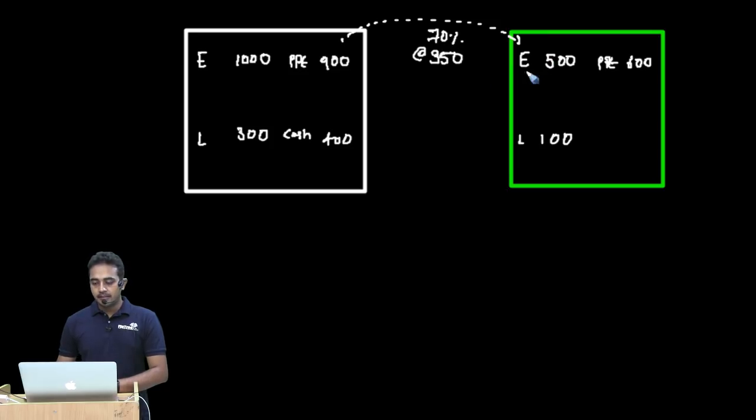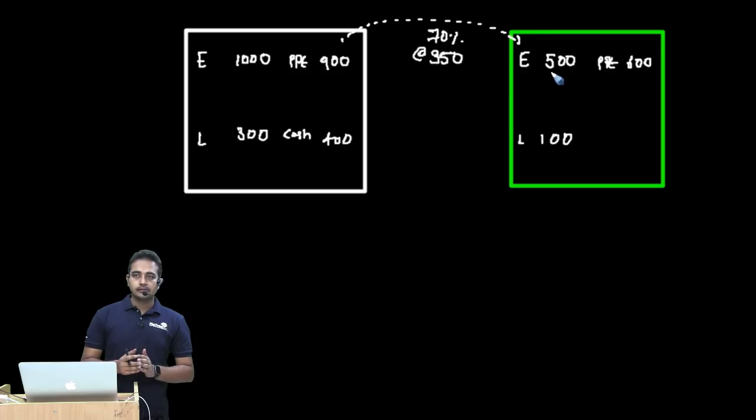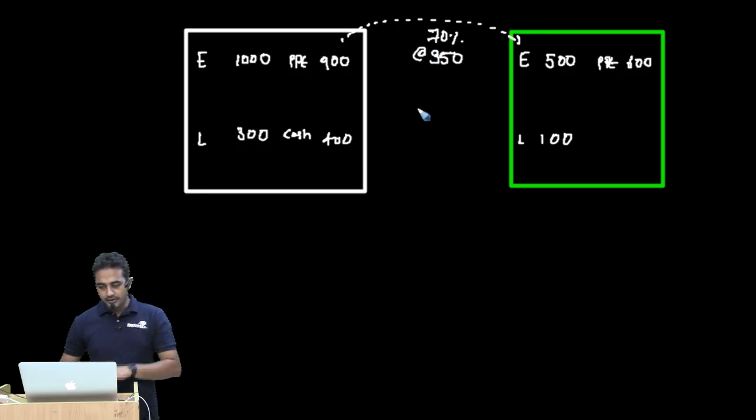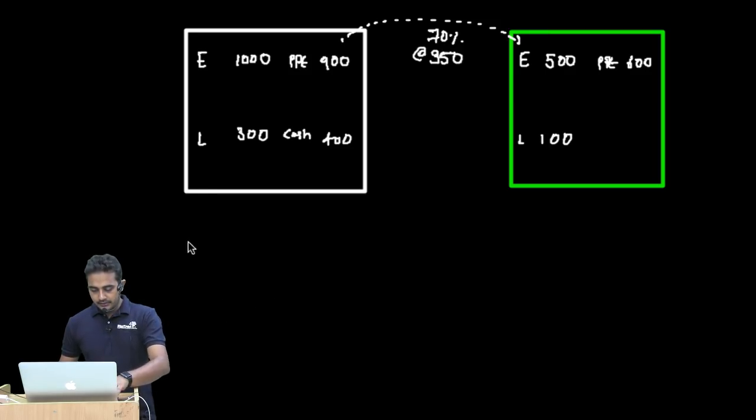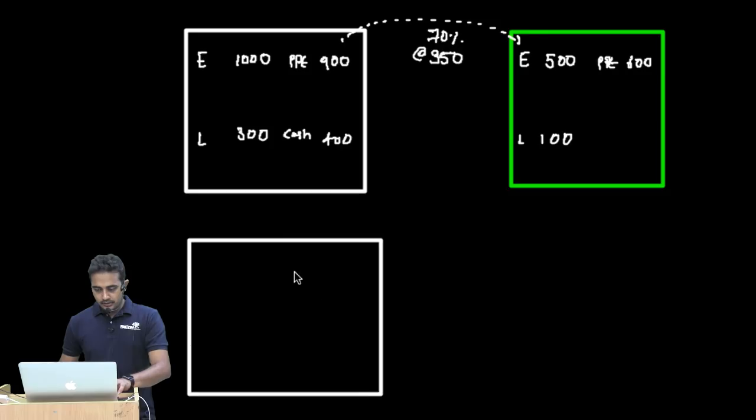I'm intentionally matching the numbers, otherwise it creates a goodwill. So the amount that we're paying is exactly proportionate so that we don't have to have goodwill in this question. Now once this is done, this is how your consolidated balance sheet is. Okay, so your consolidated balance sheet, let me do that here.